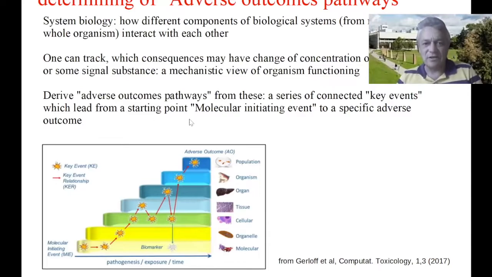Such adverse outcome pathways start from some molecular initiating event when a nanoparticle meets a biological organism. Typically it happens on the first contact with the cell membrane. If it's inhalation, it's the alveolar membrane, and it induces changes first on the cellular level, first to the organelles, and so to a toxic effect in the organism.